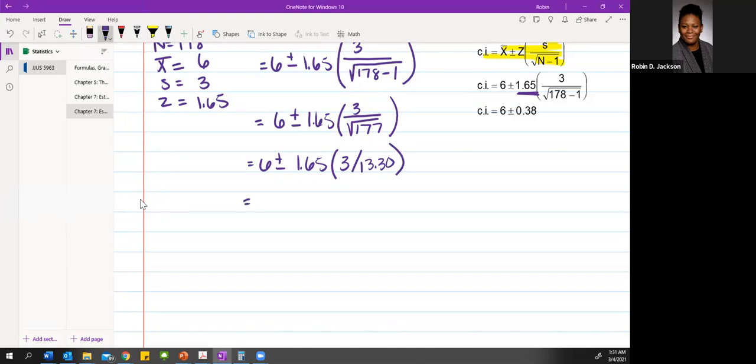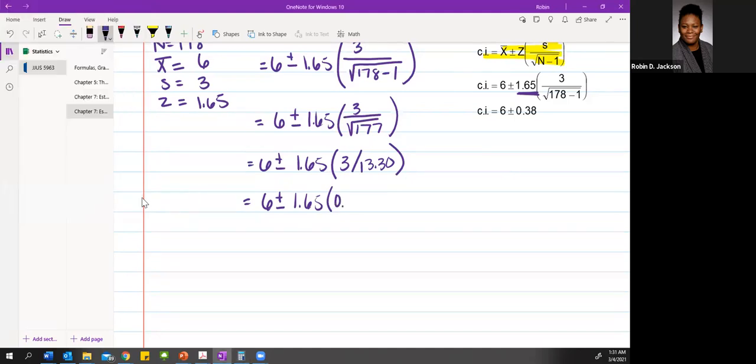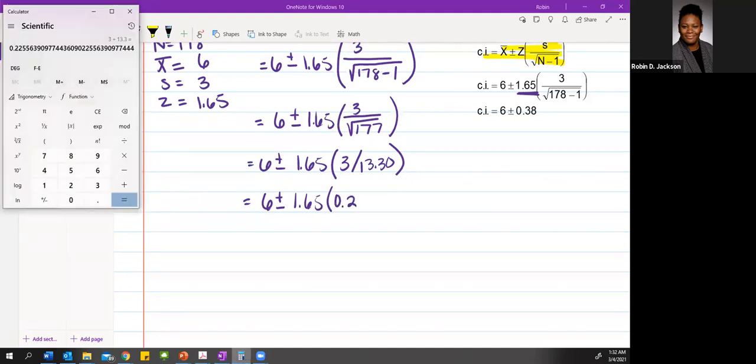The next step is 6 plus or minus 1.65 multiplied by the outcome of 3 divided by 13.30, which is going to give us 0.22255. Rounded to the second decimal place, that's 0.23.